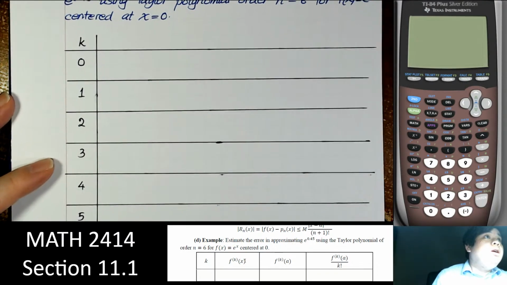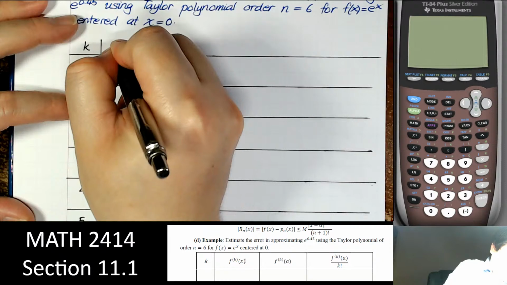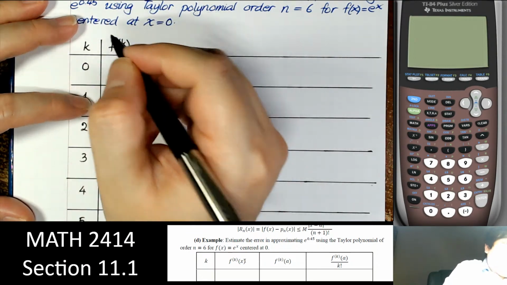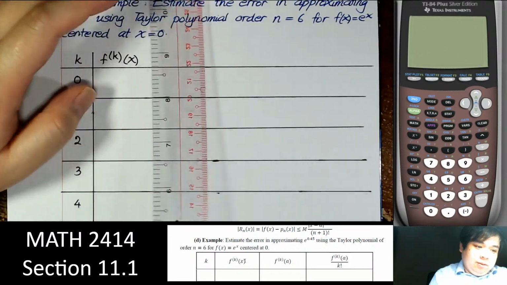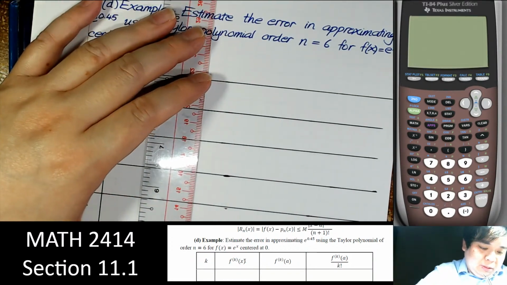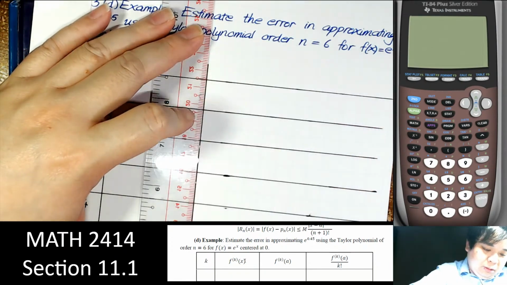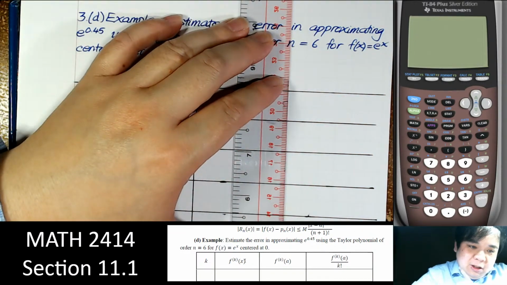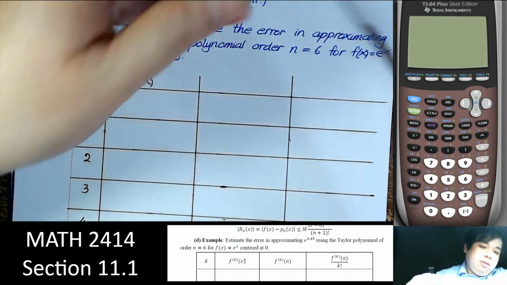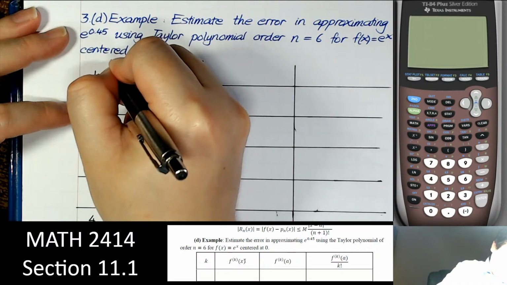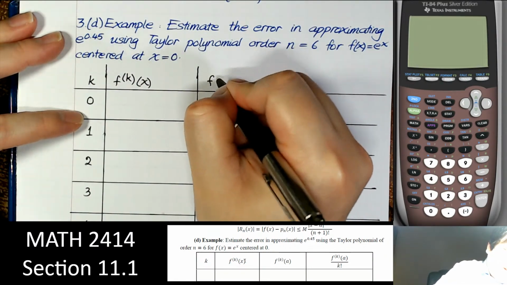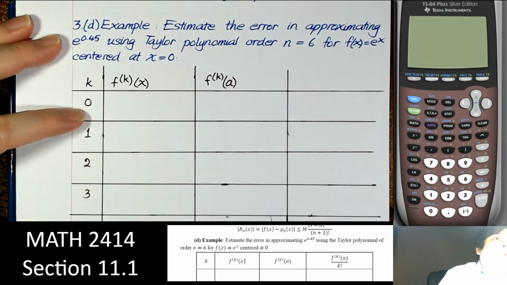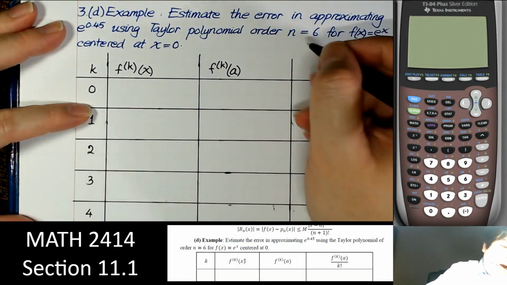Right, and then on the top first we will have the derivative of the k order of x, and then we evaluate that derivative at the point, and then finally we divide by k factorial.